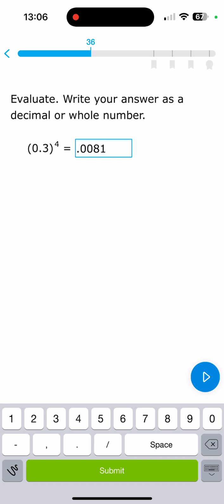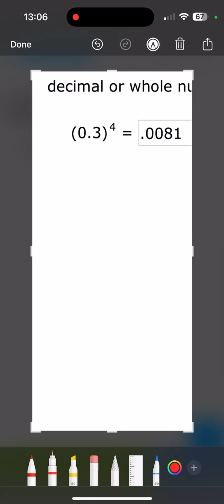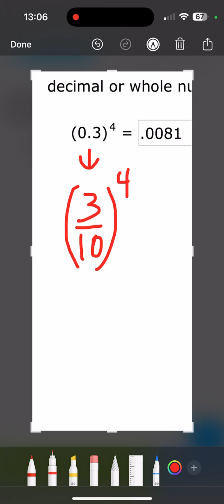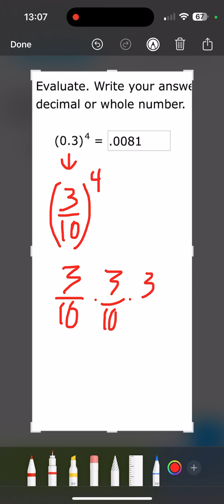Alternatively, which I just showed before ending the video, you can convert this into a fraction. So that's 3 over 10 to the power of 4. I don't know if that makes anything easier. It's 3 over 10 times 3 over 10 times 3 over 10 times 3 over 10.